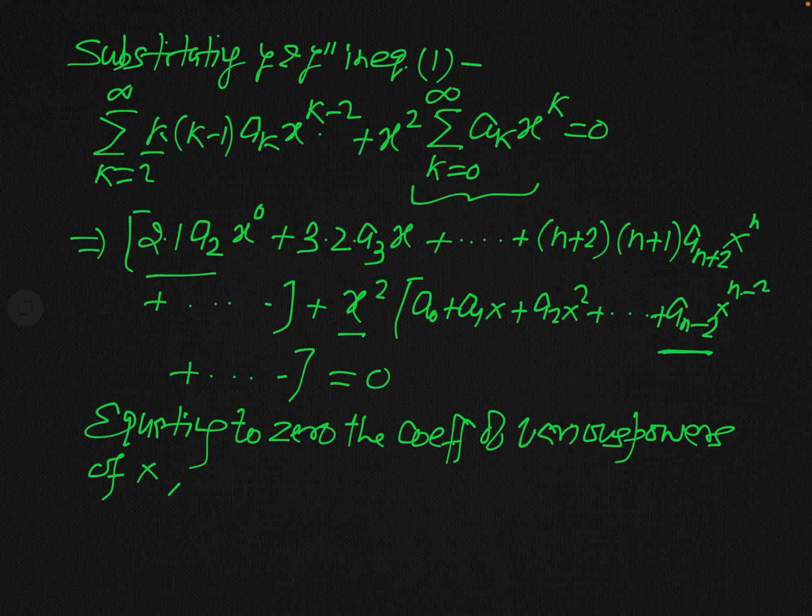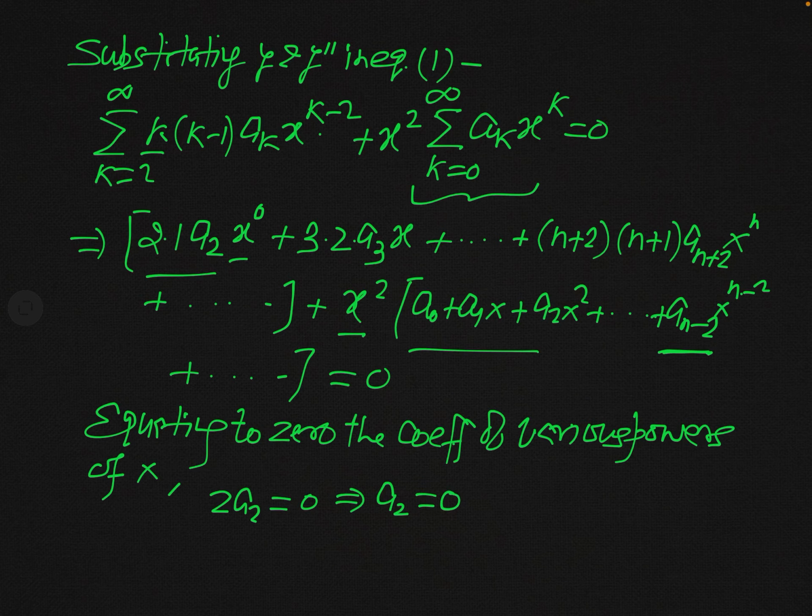What we will actually get, you can see, in fact x to the power 0 is contained only in the first series. In the second series there is no term containing x to the power 0. So the coefficient of x to the power 0 is simply 2a2. So you can see this will be 2a2 equal to 0. And if 2a2 is 0, what does it mean? It means a2 is equal to 0.